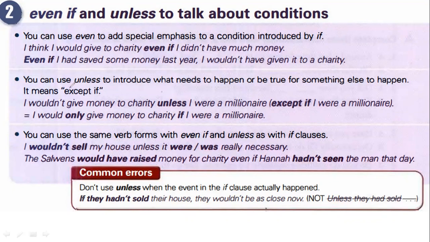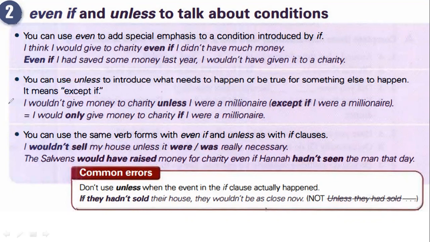And the next one: you can use unless to introduce what needs to happen for something else to happen. It means except if. So this except if is the opposite of even if. All right, they are opposites.